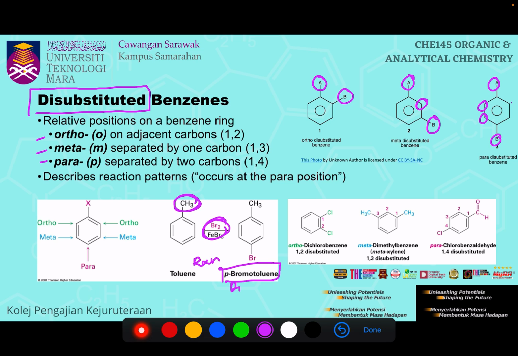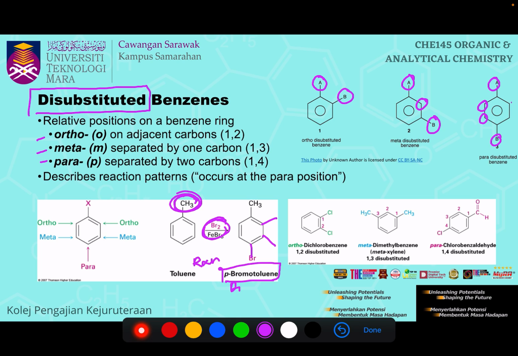Now how do we know whether the product will come out here, come out here, come out here? This one will be covered in the later part of this chapter, after we have introduced the reactions. I will teach you how to determine the substituents that are directing in which order.